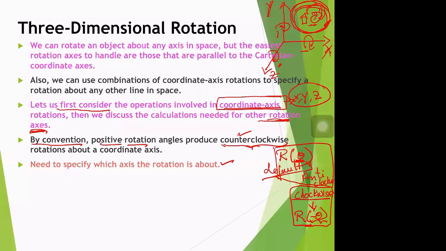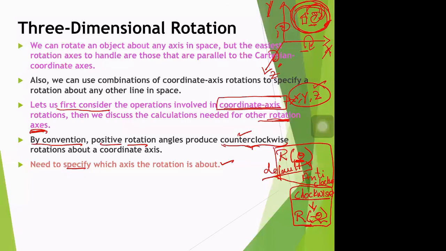When I have 3, I can't rotate using all 3 axes altogether. Using the coordinate axes, I need to rotate based on one axis at a time.